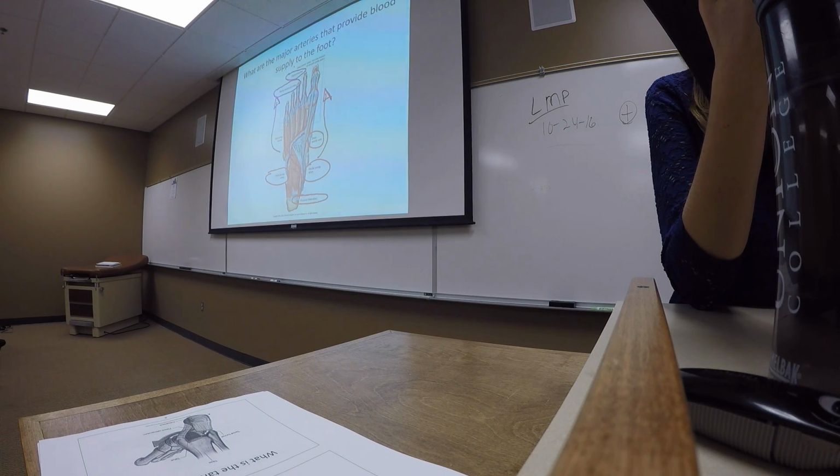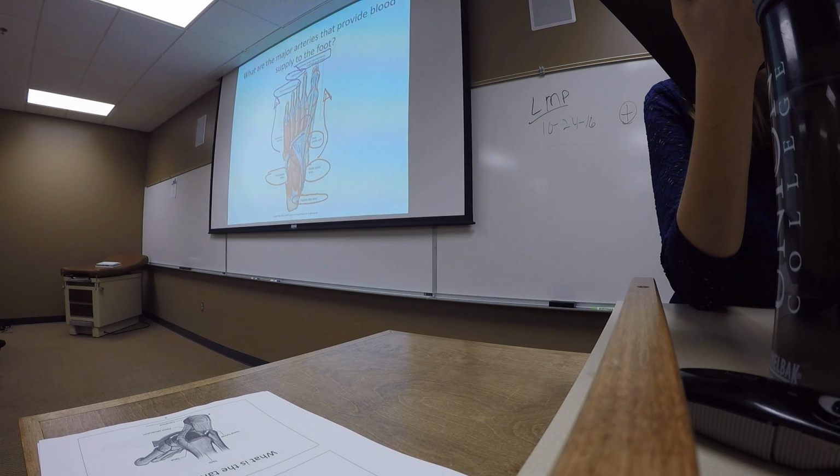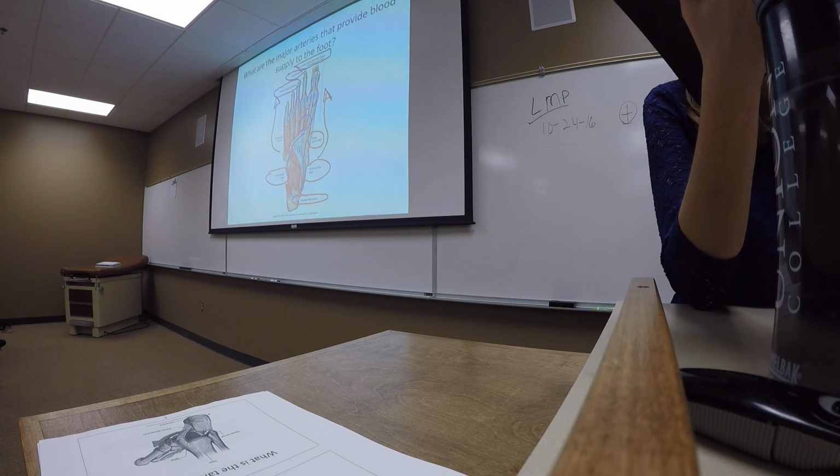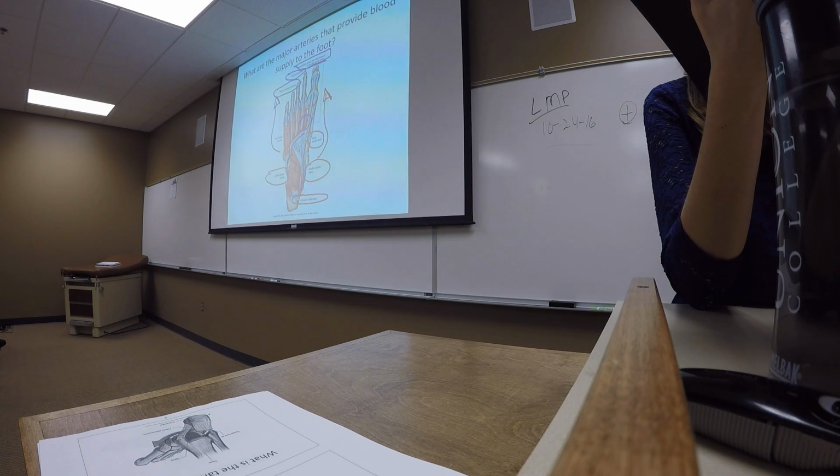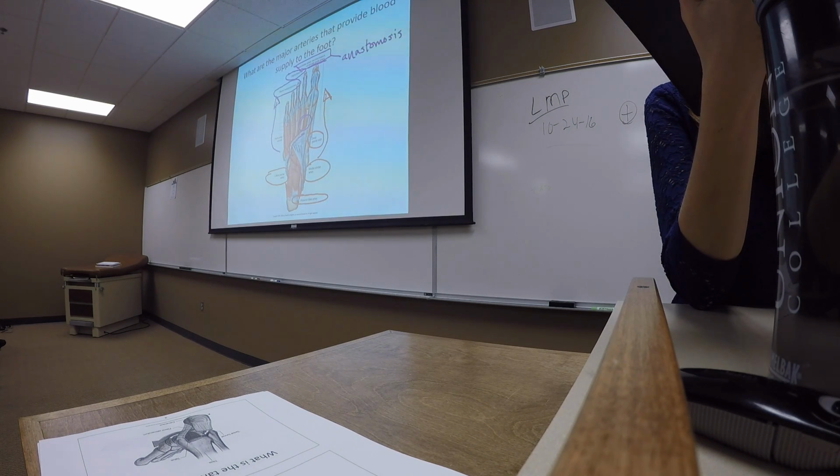The deep plantar artery here dives between the first and second metatarsals, and actually anastomoses with the dorsalis pedis artery, the terminal branch of the dorsalis pedis artery. So here's this anastomosis. Okay.